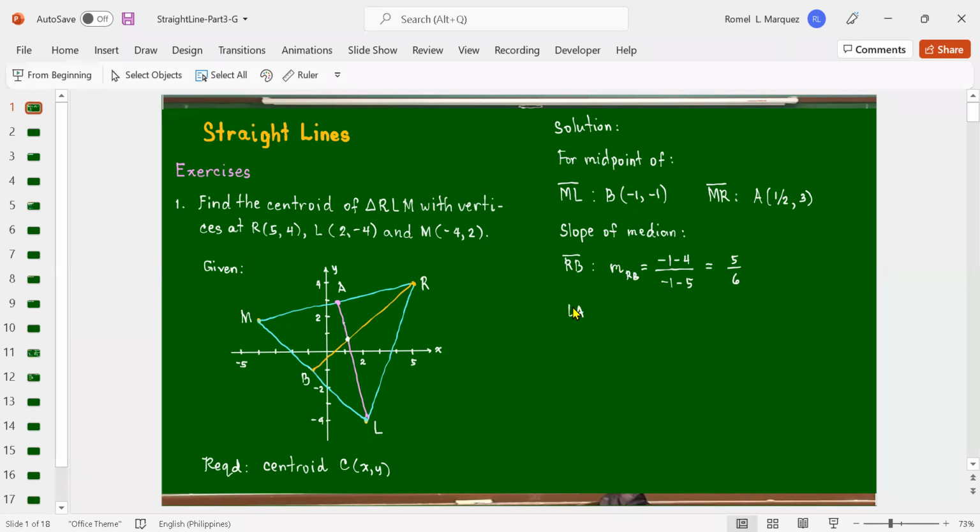Okay, guys? So what about the slope of LA? For the median LA, the slope is y coordinates first, A and L. What is my A? (1/2, 3). So 3 minus -4, so 3 plus 4, right? And then 1/2 minus -2. Am I correct, guys?